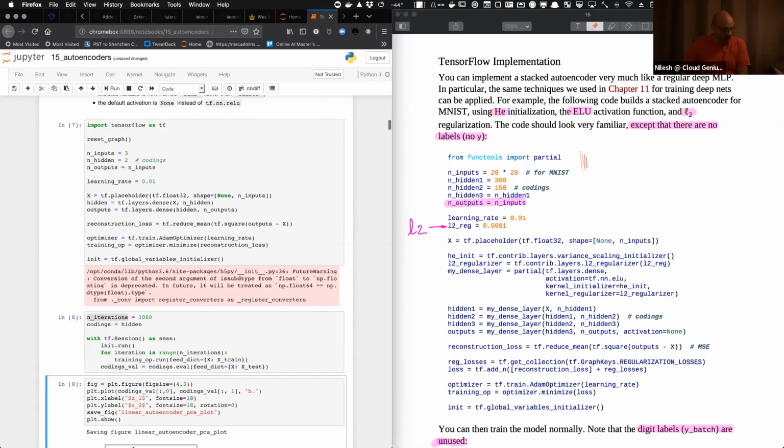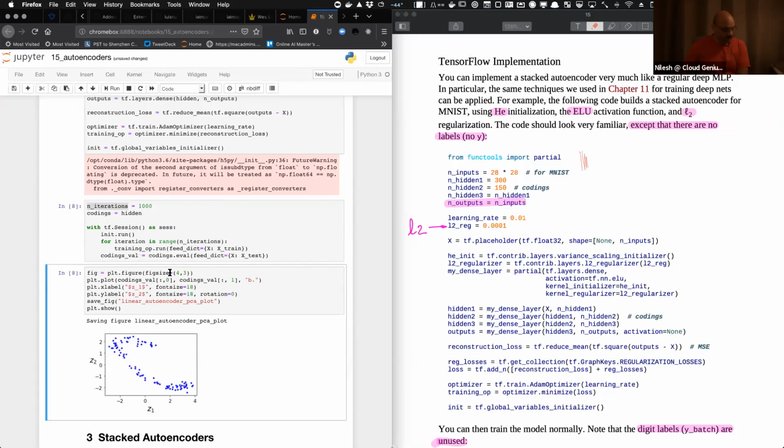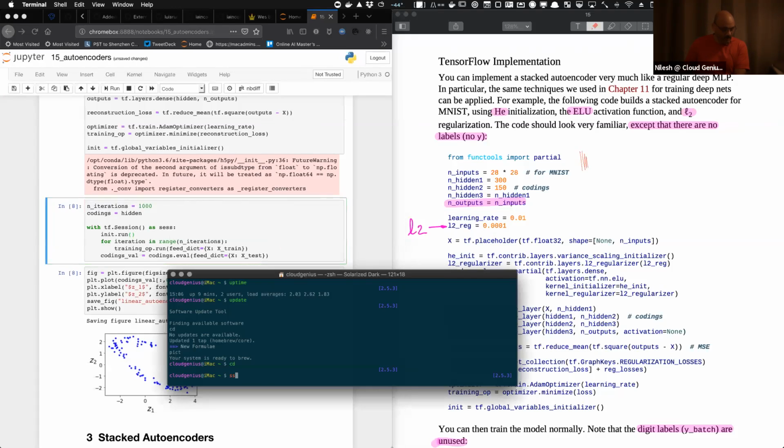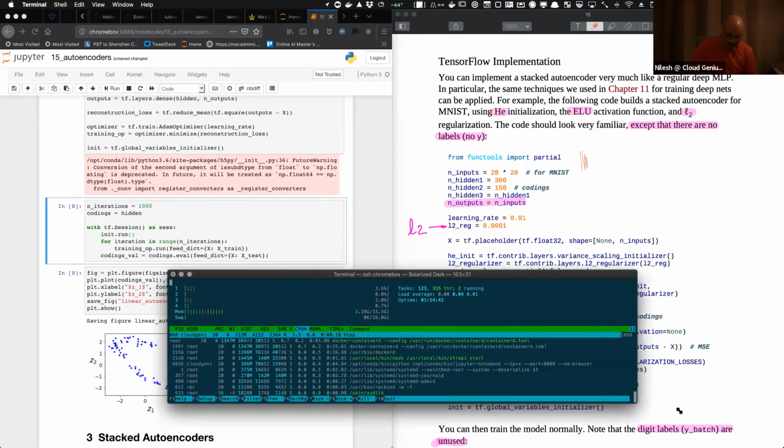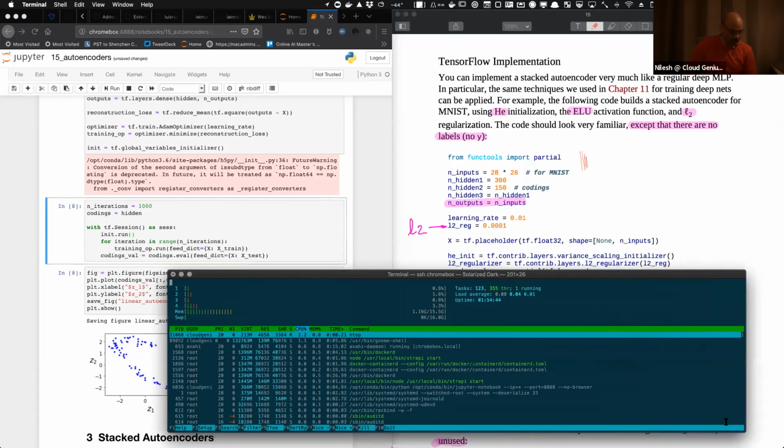And we'll then plot the figure. The iteration is probably happening right now. Let's go check. Apparently it finished. How quickly?